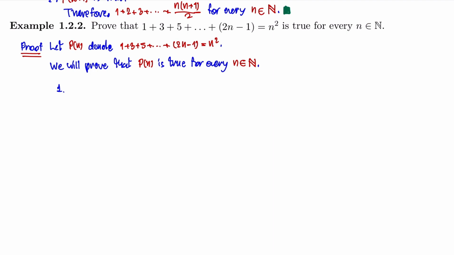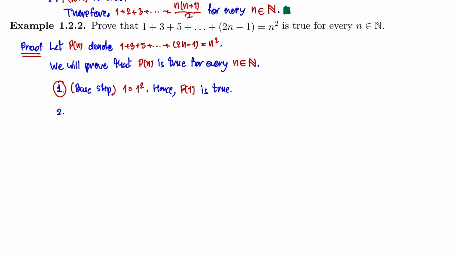Take a look at this first step, the basic step, or the base step. For the base step, we have to show that P(1) is true. As we can see, 1 is just 1 squared, which is pretty obvious. So hence, P(1) is true. So we have the base step.